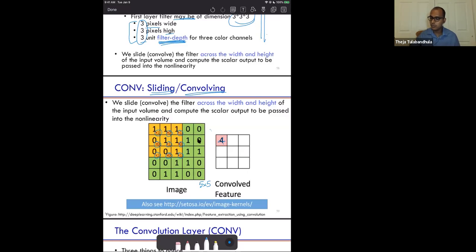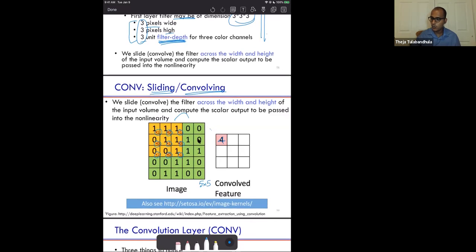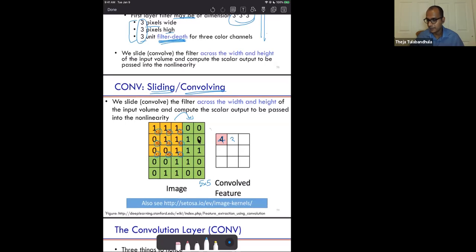Now I move these 9 numbers one column to the right, do the same element-wise multiplication with the image's numbers, and produce another number, maybe 3. Similarly, I can move the yellow box two steps right, which hits the edge and produces some other number, 2, and so on. This is what I mean by sliding the filter onto the input image.